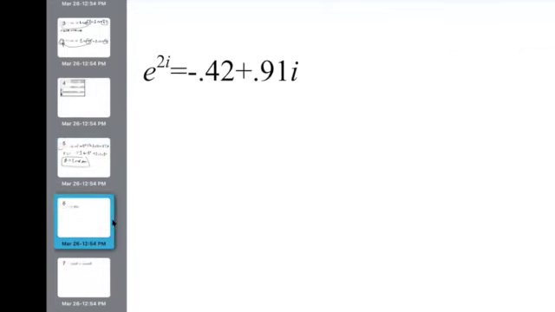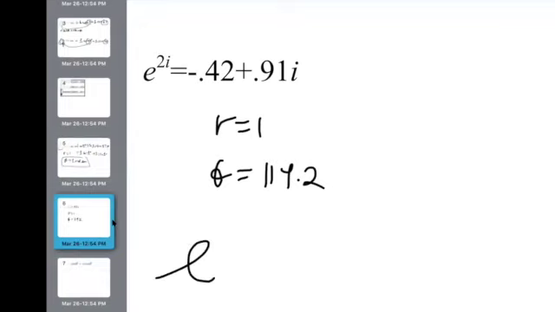And here is what you get for e to the 2I. I'll just tell you that r is 1, but theta is 114.2. So what do you think the general rule is for e to the theta I?